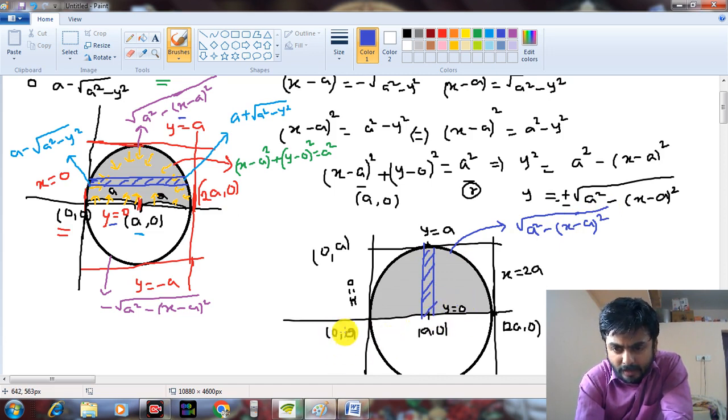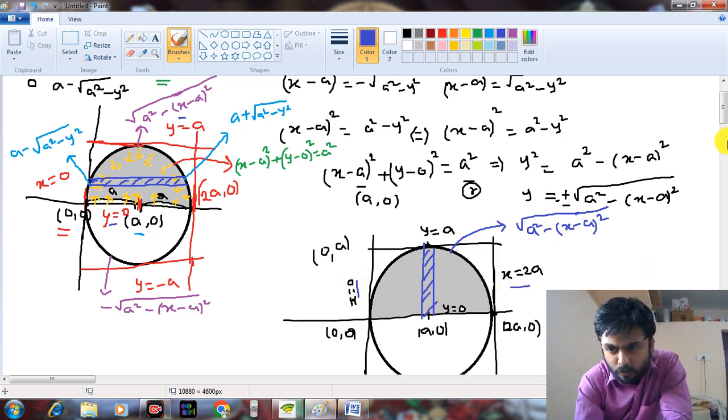Now the internal limit, that is for x, will change. Here x limits are in variables of y, but here x limits are not variable limits. Here we are having x equal to 0 to 2a.